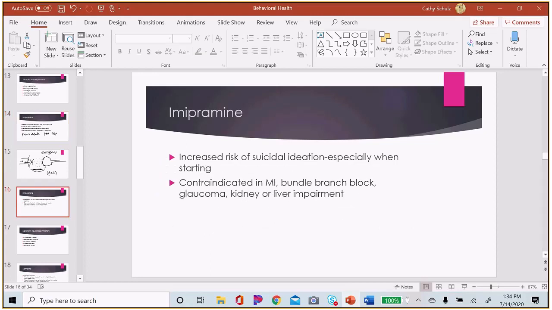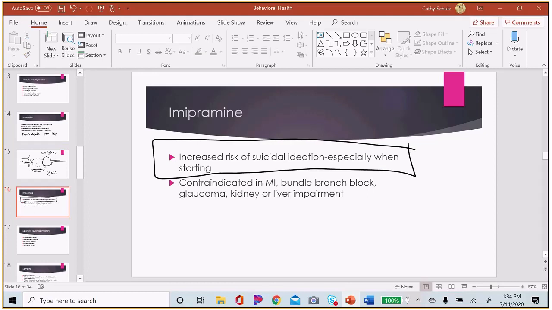And anyone who starts an antidepressant, so this is for all antidepressants, is at increased risk of suicidal ideation, especially when they first start.